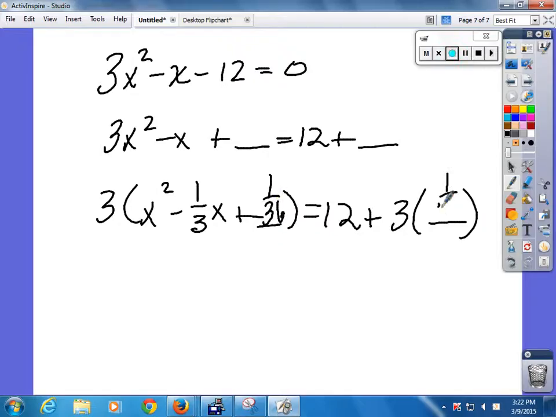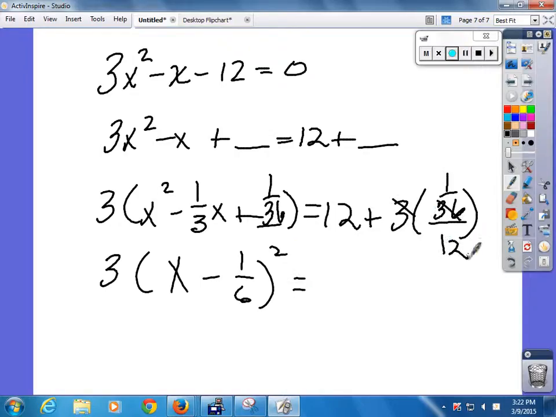Y'all check me. And then that's going to be 3 times x minus 1/6, quantity squared, is equal to 12 plus 1/12 right there, right? 3 will go in there 12 times, so that's 144.